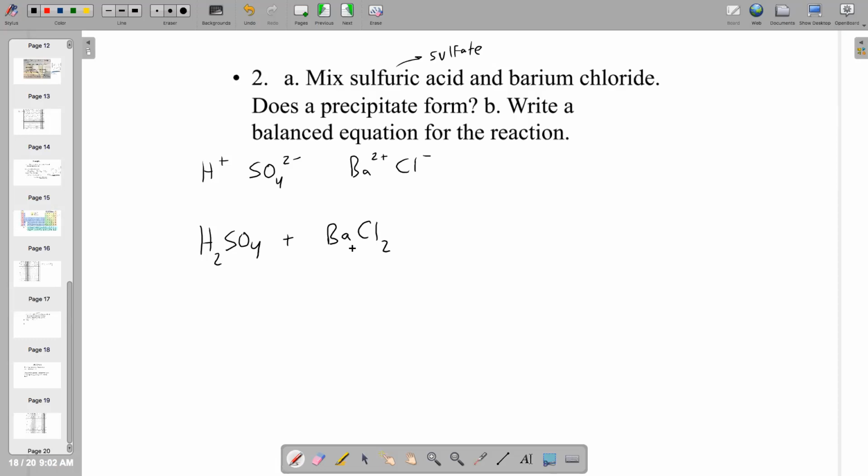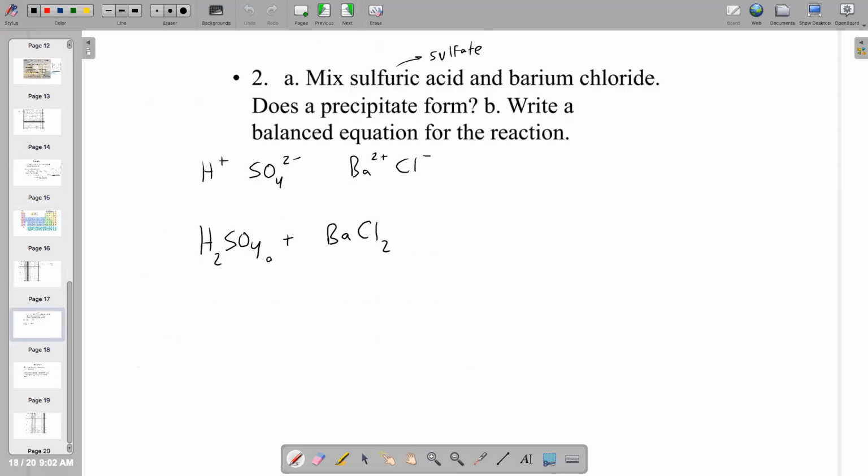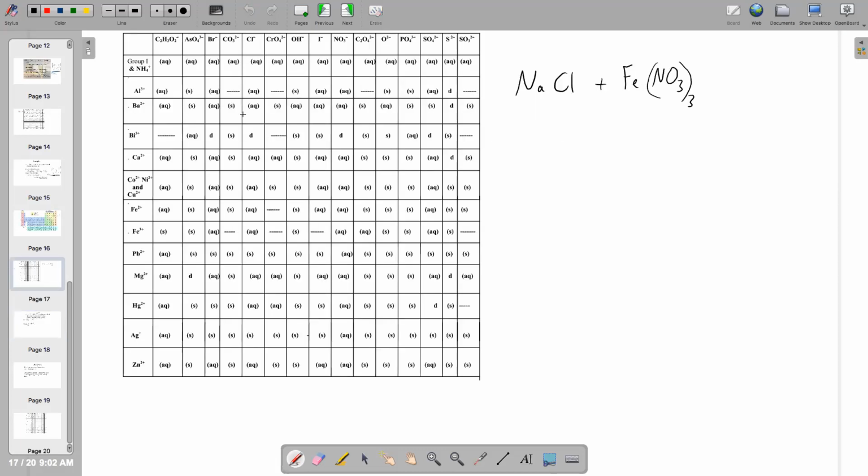You look on the solubility chart to find out if they're soluble. Now, it turns out that nearly all acids are soluble in water. So on the ion chart itself, it turns out you don't find hydrogen because hydrogen is a group 1 element, and those all say aqueous. So acids are aqueous. The barium chloride, we have barium and chloride, that says aqueous.